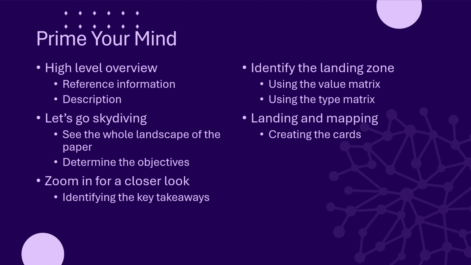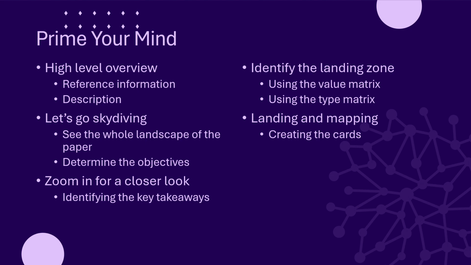So we're going to look at things like headings and subheadings and things that just catch our attention. Then we're going to zoom in for a closer look. This is our third review of the research paper, and in this review we're going to identify the key takeaways. What are the things that we really want to zone in on and get a much closer look at?